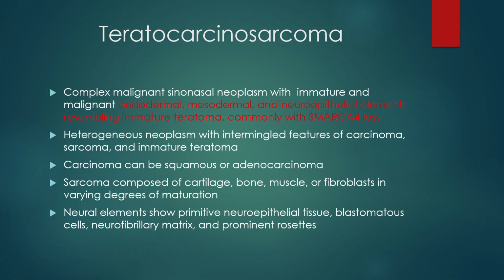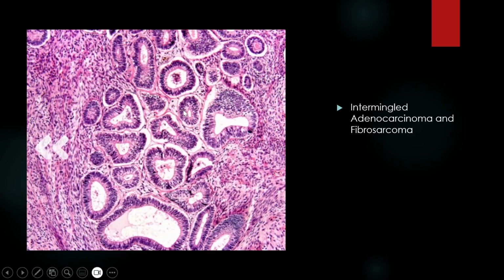So basically, you will just find this heterogeneous neoplasm with different kinds of components. Like from this image, we can see this forming granular structure and then spindle cell sarcomatoid component. These two just mix together.